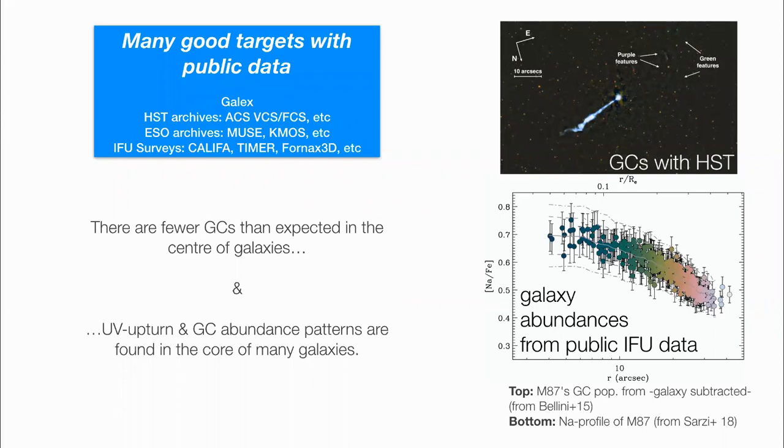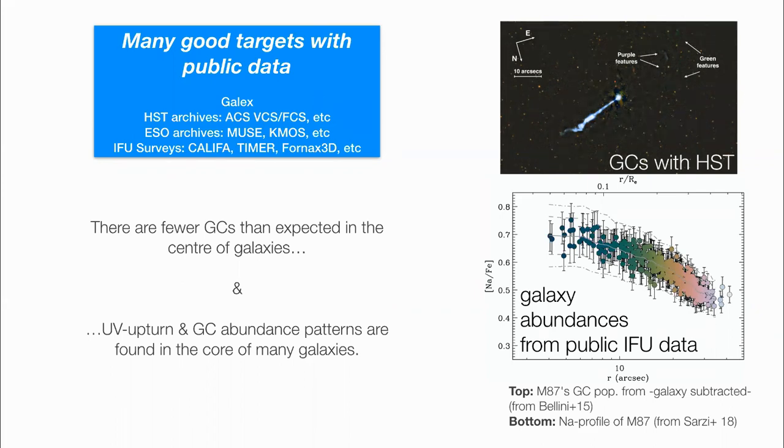Since we're missing a bunch of globular clusters that got disrupted, and you can see this from the extrapolated radial profile of the globular cluster population, we're going to try to see if we can reconcile it with the abundances that we see in the field stars in these regions.